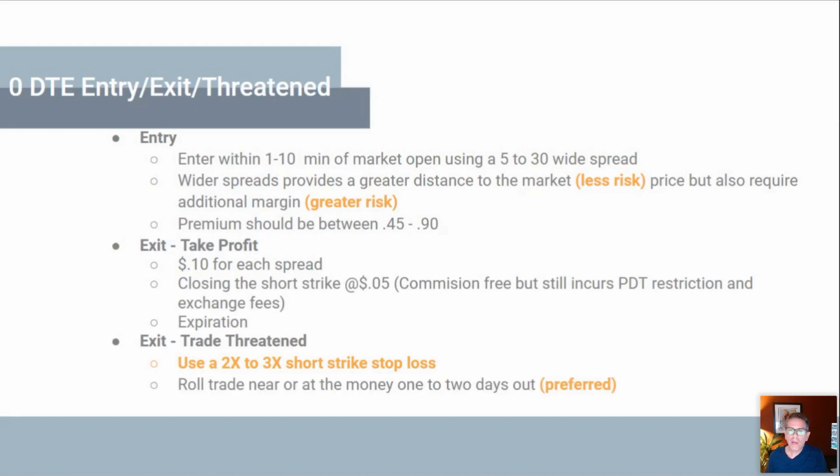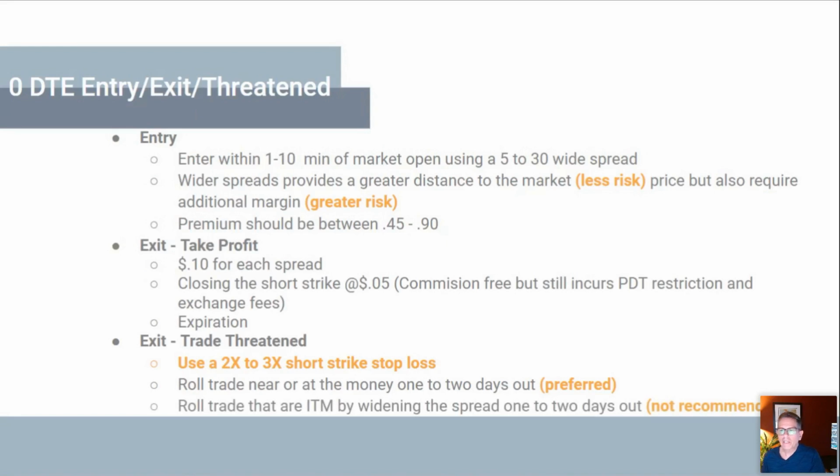All right. What I've been doing now too is rolling trades that go against me, and I'm really going to talk a lot about that portion of it, so that you really understand how to manage those trades if they do go against you, and you can do it for 0 DTE, 7 DTE, monthlies, all those things, and manage them basically the same way.